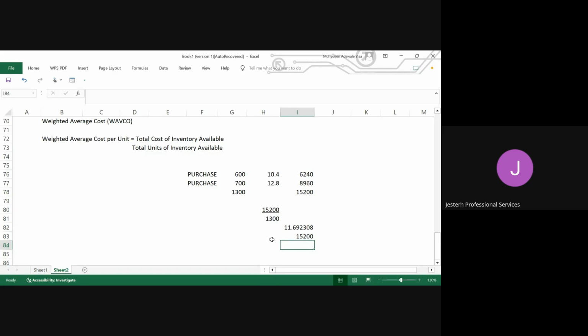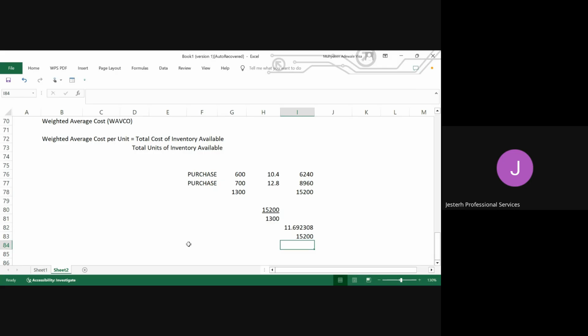How do you get the average cost per unit? Take the value of what you first brought in and the second one that you brought in, add the two together to get your total value. Then divide the value by the total units that you have. It's going to give you the average cost per unit that you are going to issue out a product at.